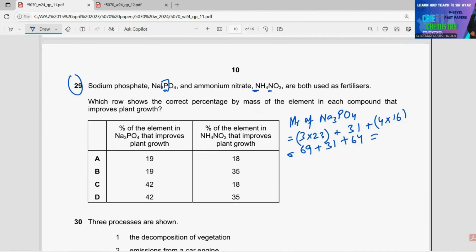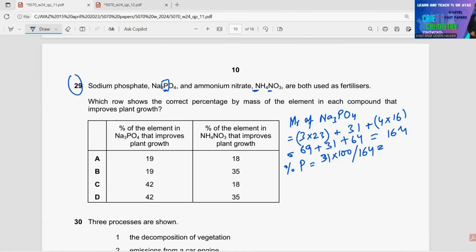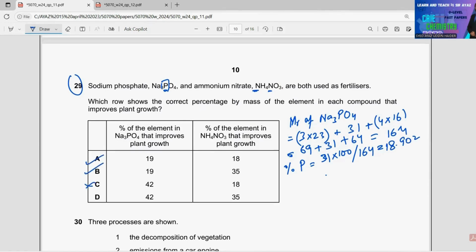You add these up and you get 164. Let's calculate the percentage of phosphorus in this. P: 31 multiplied by 100 divided by 164. The percentage is 18.902. 18.902 means either A is correct or B is correct. No need to look at C and D.